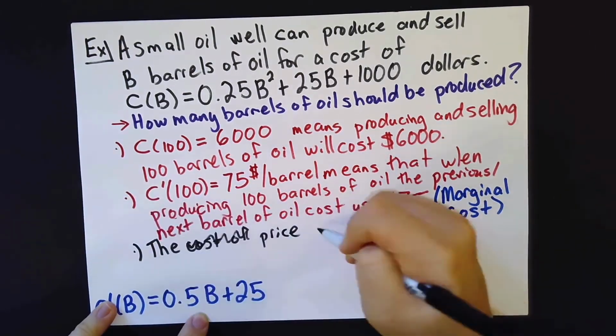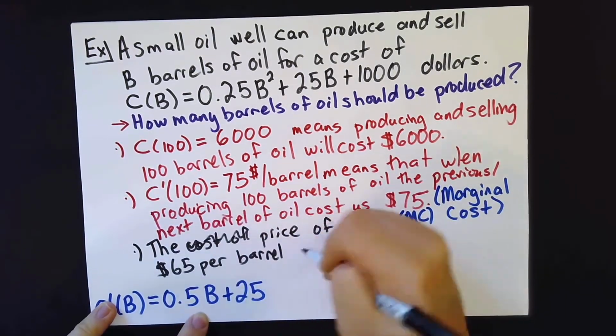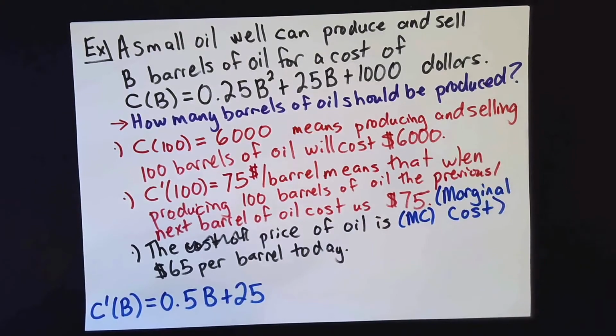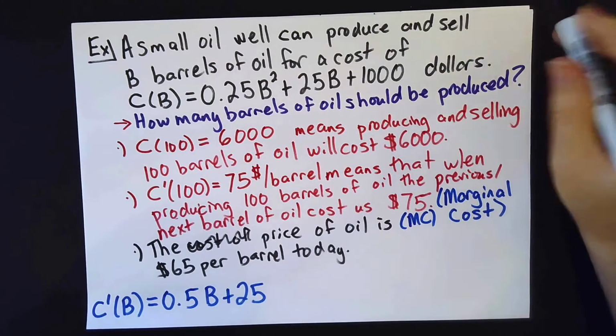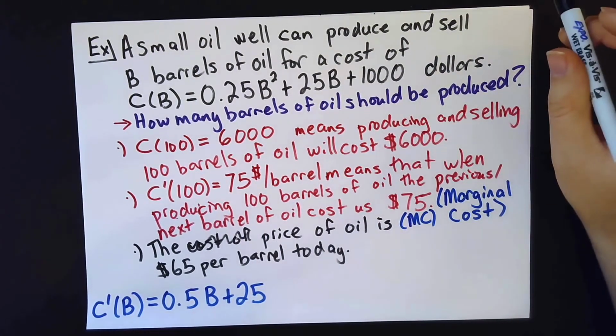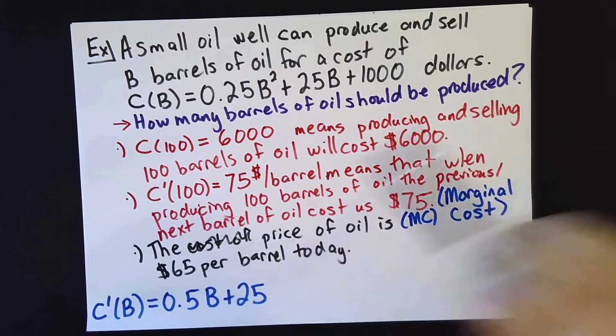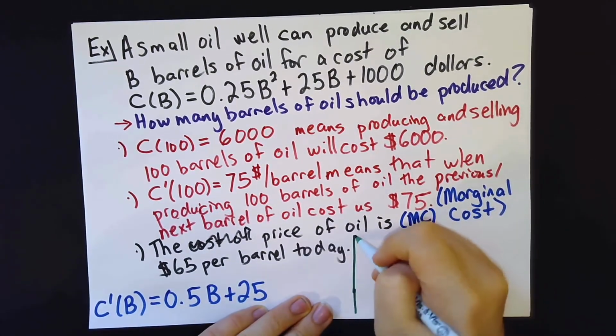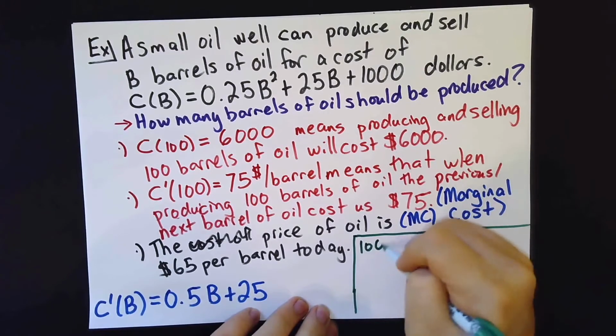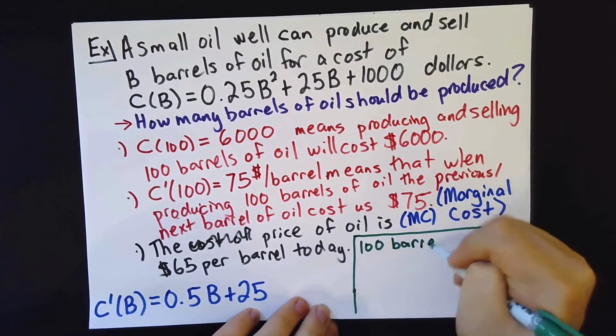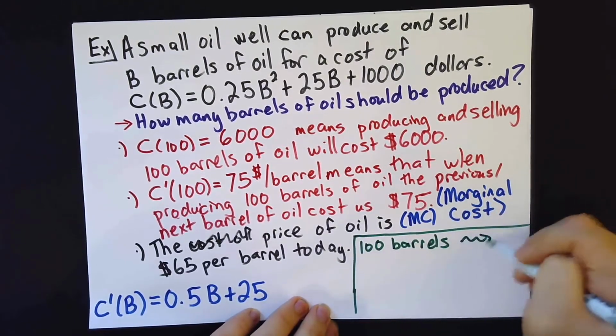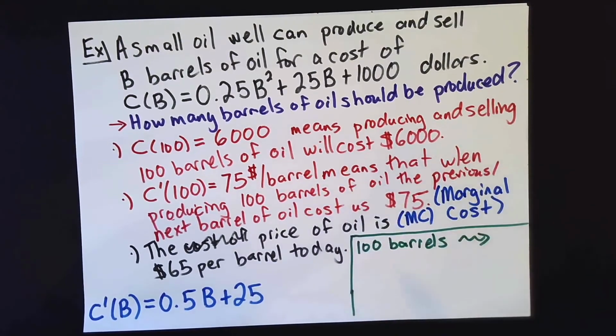So I'll remind you of what I said earlier. The price of oil today is $65 per barrel. So that is to say, I can sell all of my oil for $65 a barrel. That allows me to do this calculation. If I produce 100 barrels of oil, we said that will cost us $6,000.